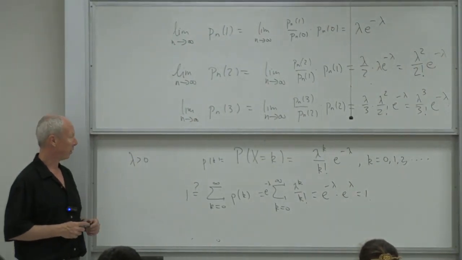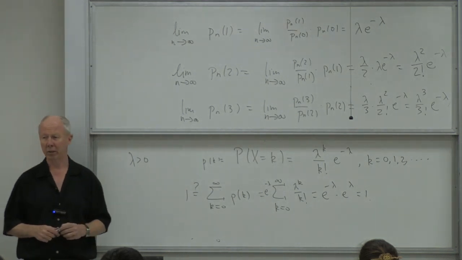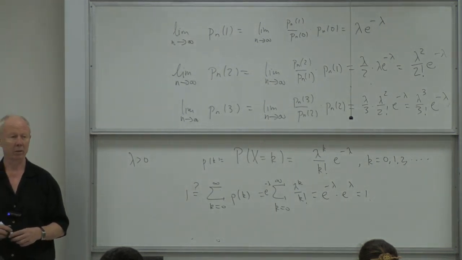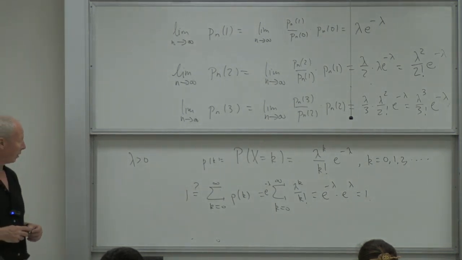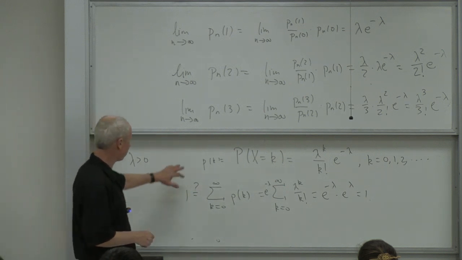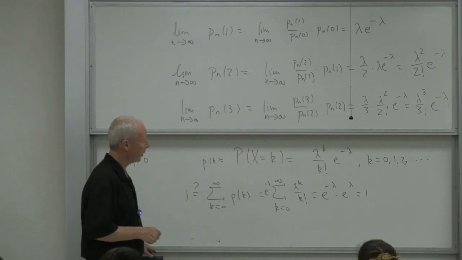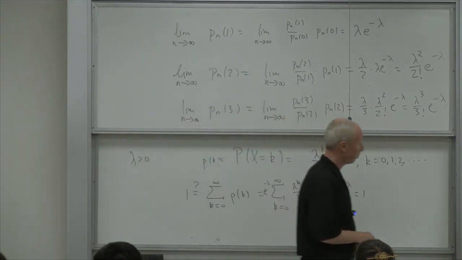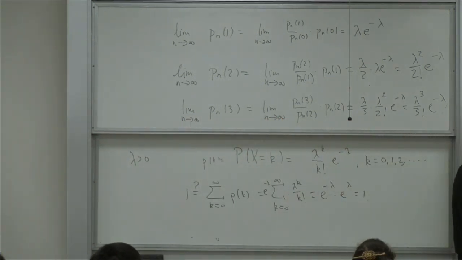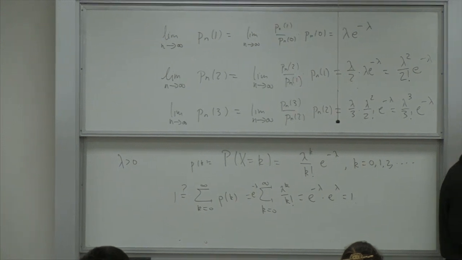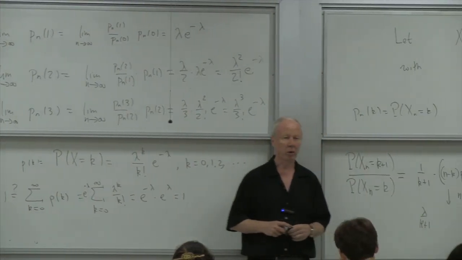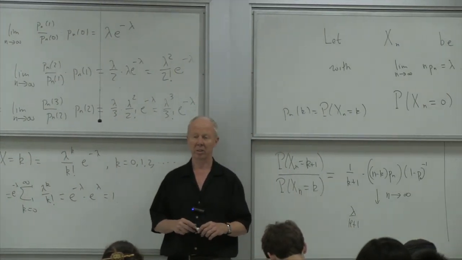It's used in modeling the number of alpha particles emitted. It's used in many, many, many applications. So a Poisson random variable has this PMF, and it comes from, generally speaking, this kind of phenomenon: a large number of independent trials where the probability of success is very small.